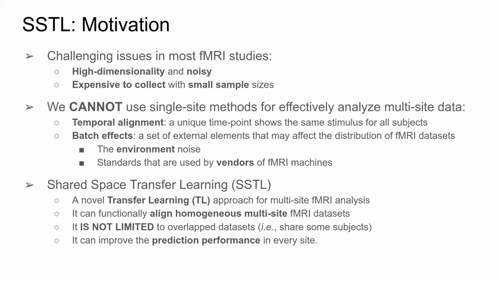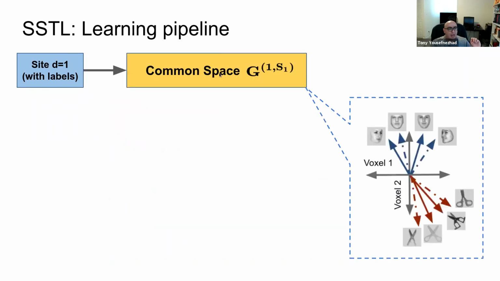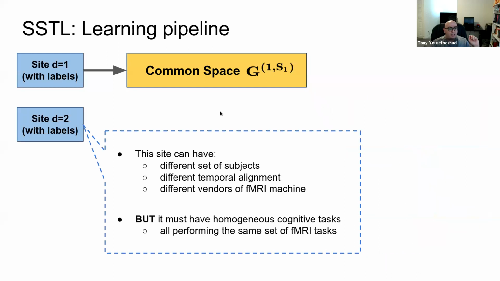We'll show that our alignment technique can improve the prediction rate across the sites. So let's start with how the main idea works. Until now, we say that we have a site, for instance, D=1, site 1, and we have the fMRI collection for that, and we showed how to generate the common space. Let's do all of these things for the other sites, exactly the same.